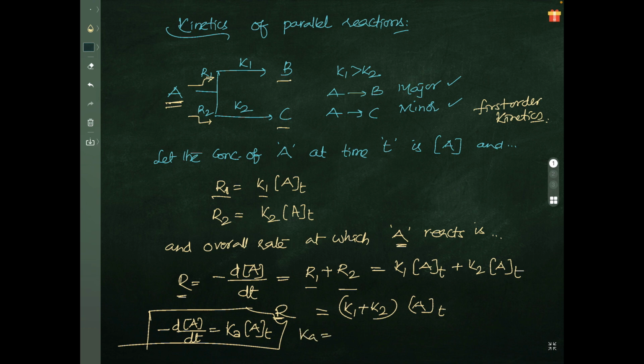Ka is the overall rate constant. And here in this case it is K1 plus K2. If K3 is there, you can add K3 also. Look at this carefully. Finally we got minus dA by dt is equal to Ka into the concentration of A at T. Remember this.